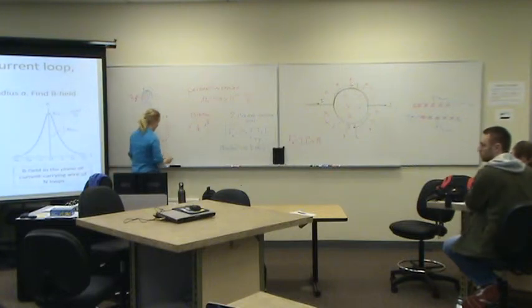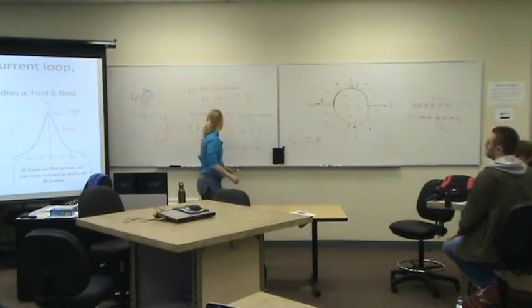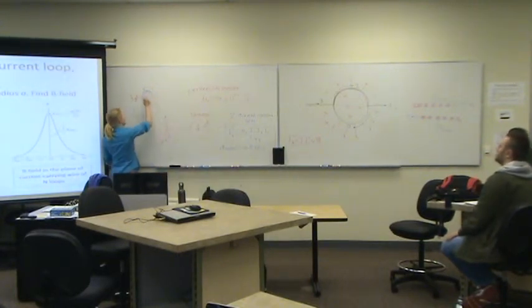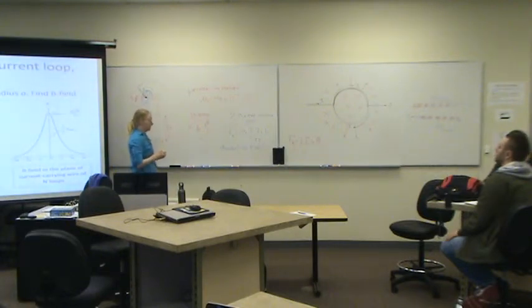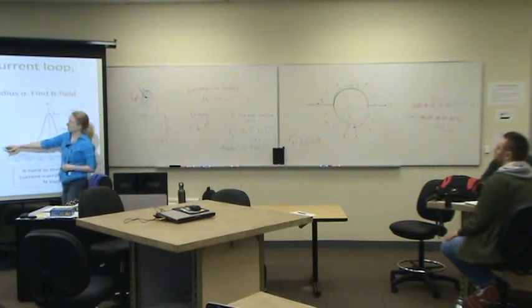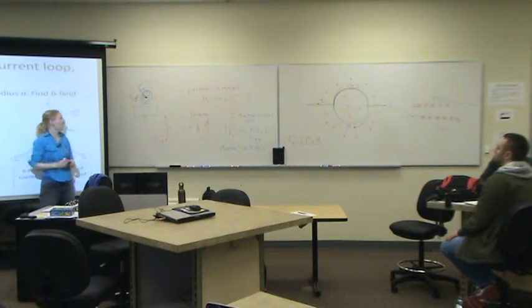And so you're going to take your magnetic field sensor, and it's going to be positioned at the very center of that loop. And we should be able to use this fourth equation to figure out what the B field is.